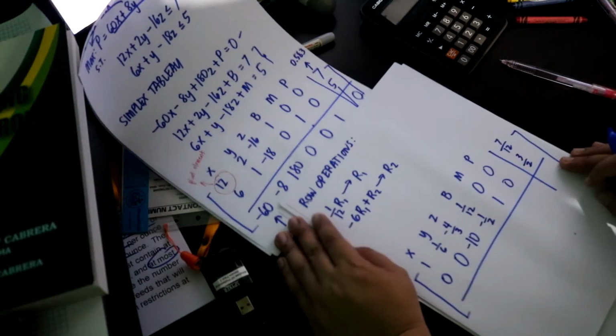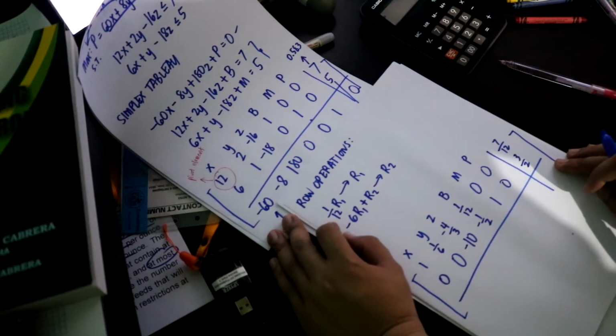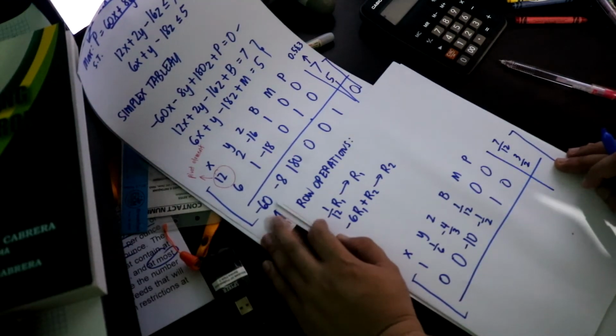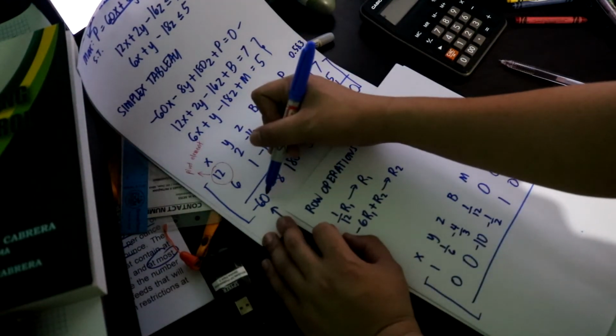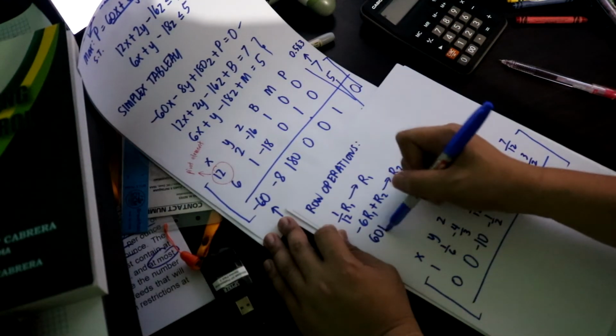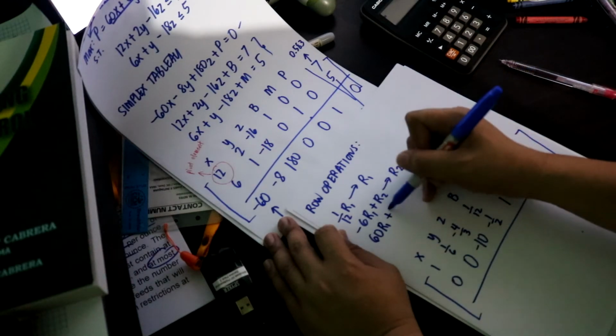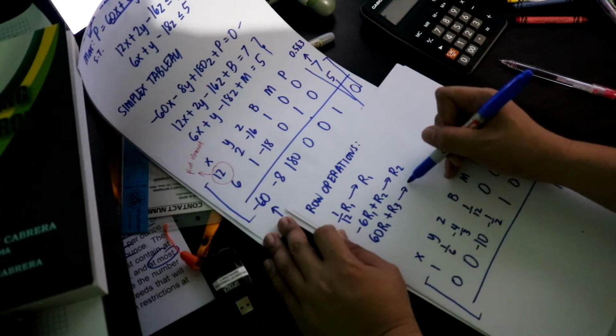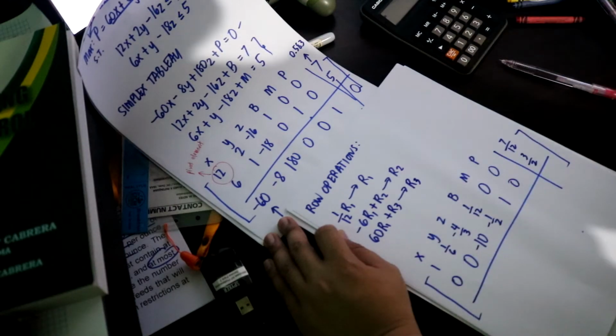And finally, our last row operation, to convert this negative 60 here into a 0, would be 60 R1 plus R3 would be our new R3.